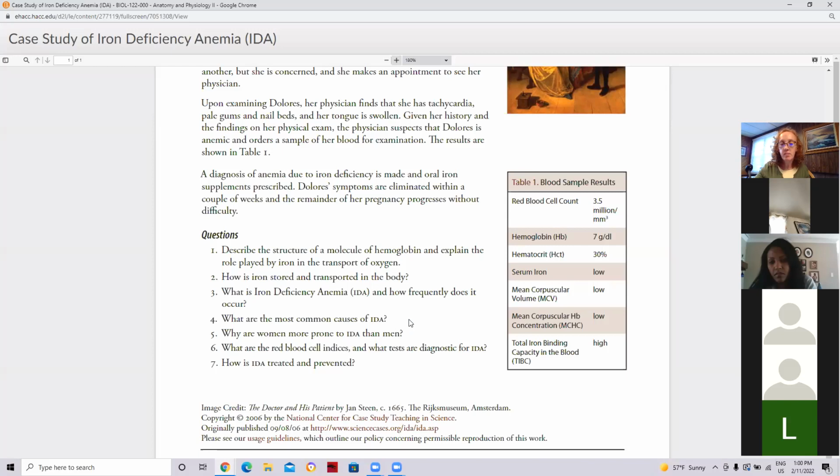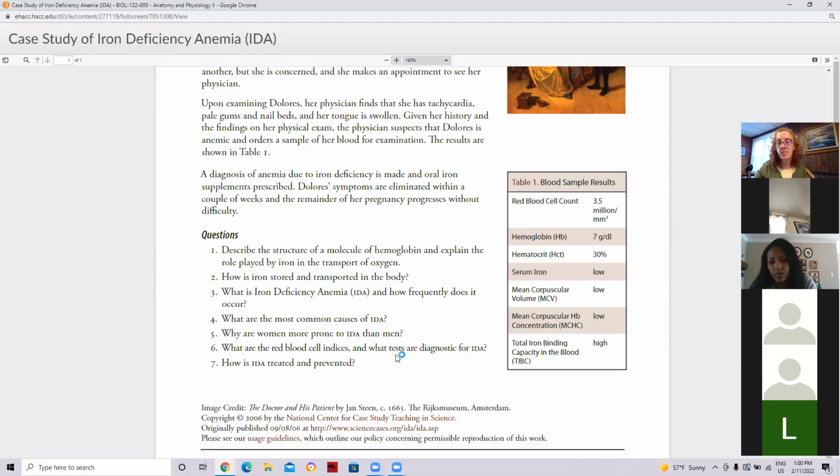Oh my gosh, never mind. I'm so sorry. No, you're all right, and you're right. I'm really good at giving really long answers. So you're right, but let's say diet and menstruation. First off, most common cause is diet. Why are women more prone to IDA than men? Well, menstruation.